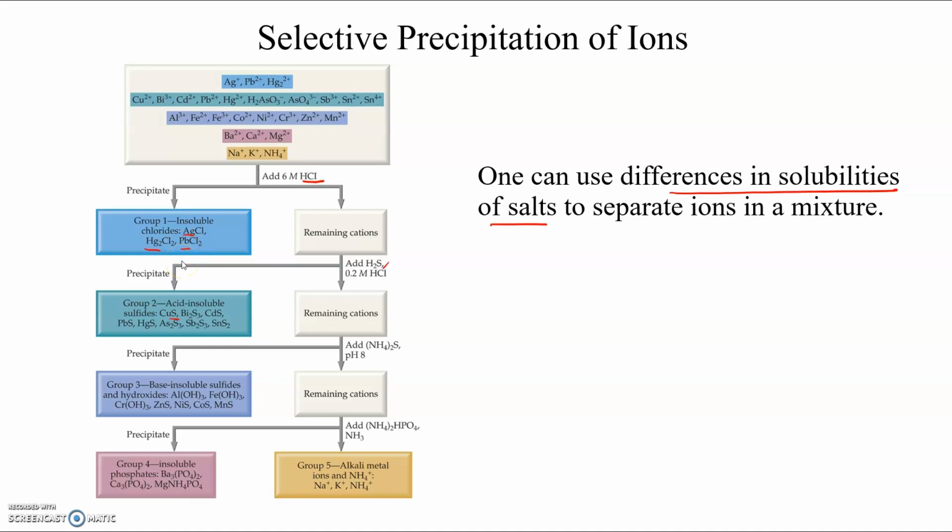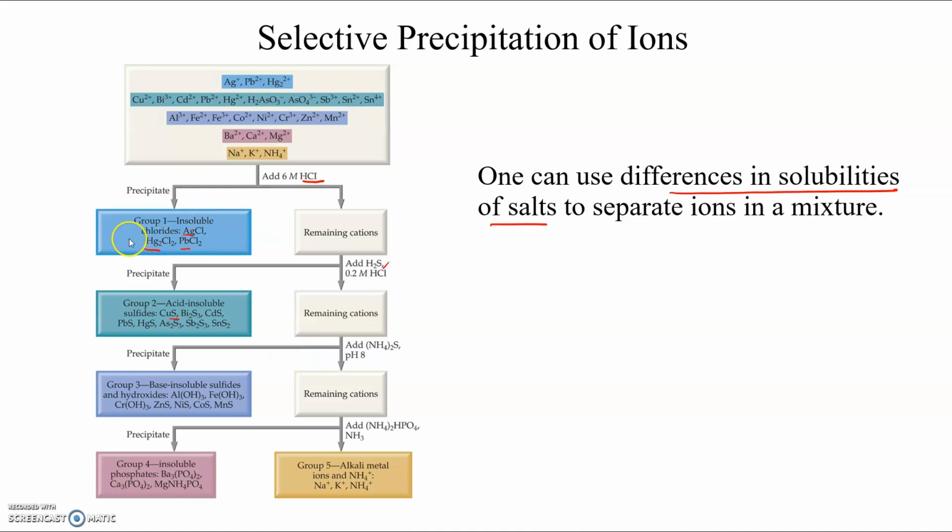As you can see, we have separated the silver, mercury 1 and lead from all these, and then there will be remaining cations, which we can selectively separate again.